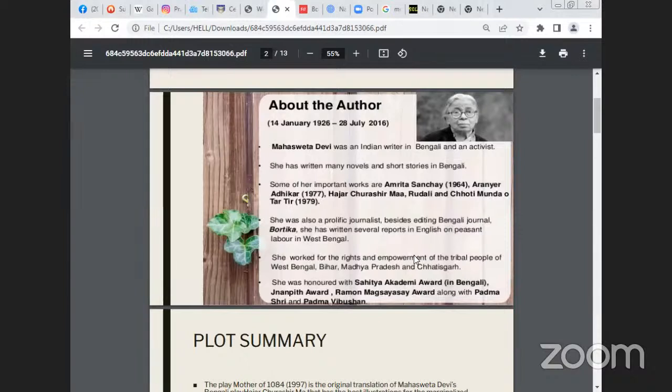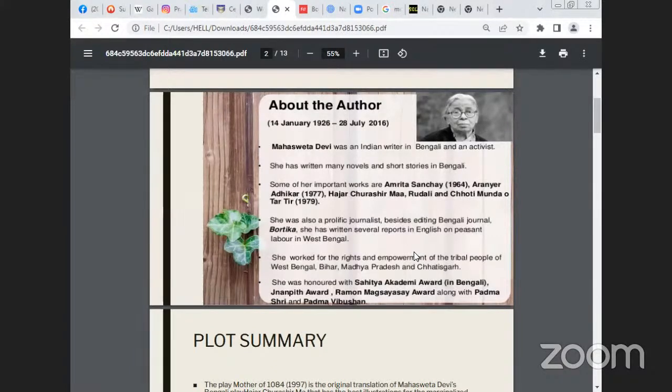And you can see that she worked for tribal rights and tribal empowerment. Most of her time she spent on tribal issues, though she was brought up in Kolkata and was an upper middle class writer.